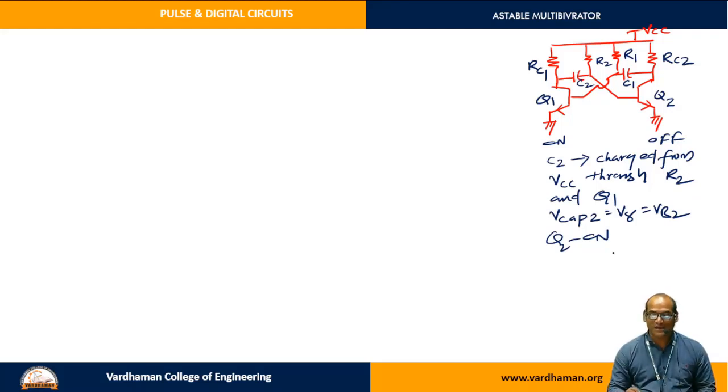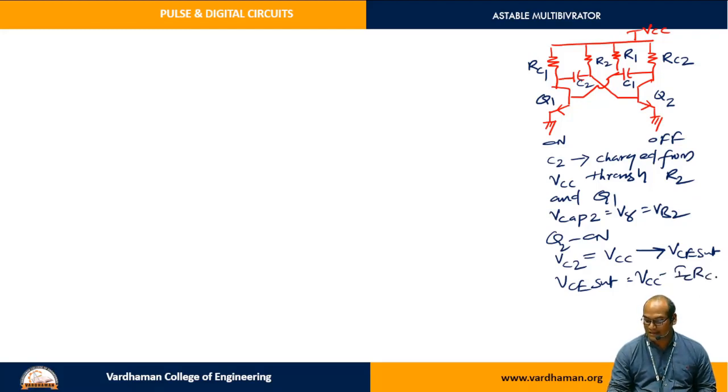When Q2 is becoming on, what will happen? The collector voltage of the Q2 transistor changes from VCC to VCE sat. That means VCE sat comes from VCC by having the voltage drop IC into RC2, by the KVL at the output. Whatever the sudden voltage drop is there, that is IC RC2, will be sent to the base of the Q1 transistor through the capacitor C1.